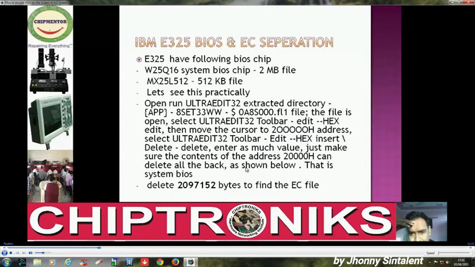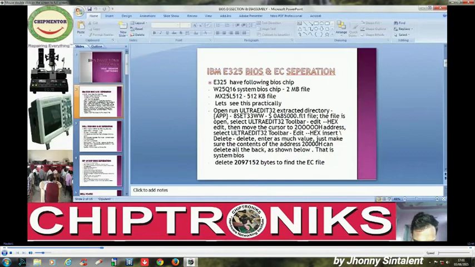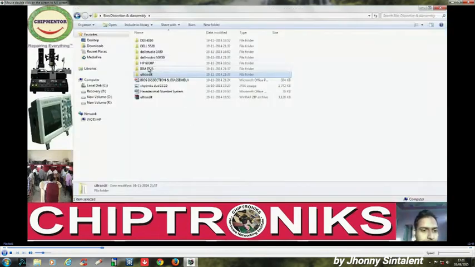Earlier IBM was packing the BIOS in a very simple way, and we could extract this data with one command like ex file. Now the extraction is a little bit more difficult. So we'll take the case of IBM Lenovo E325, and we go to my folder, IBM E325.